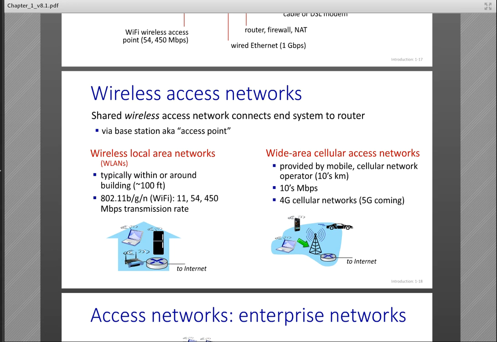In wireless LANs or Wi-Fi, this base station is called an access point. In cellular networks, we call it a BTS.